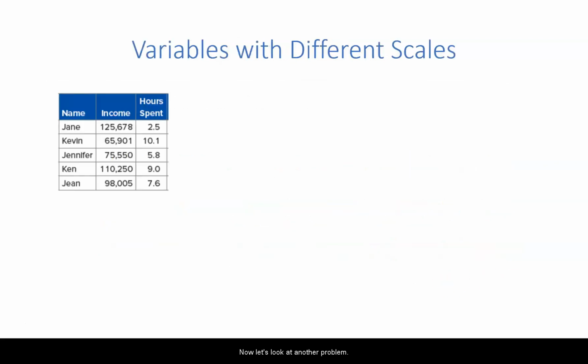Now let's look at another problem. Here we have 5 consumers, and we have data on their income and the number of hours they spend online each week. Let's measure the Euclidean distance between Jane and Kevin.